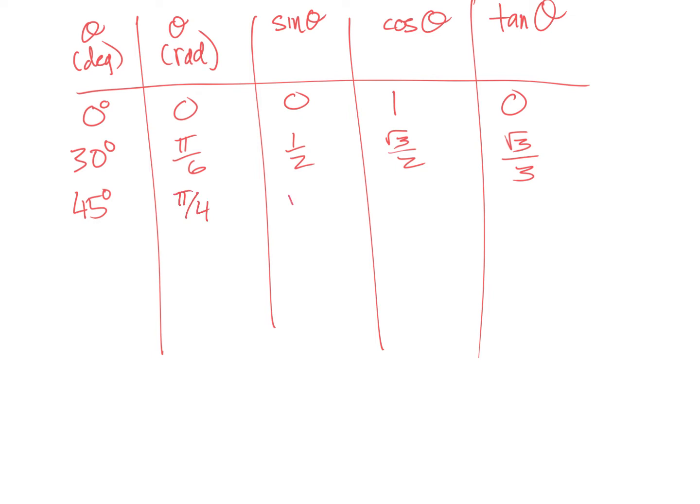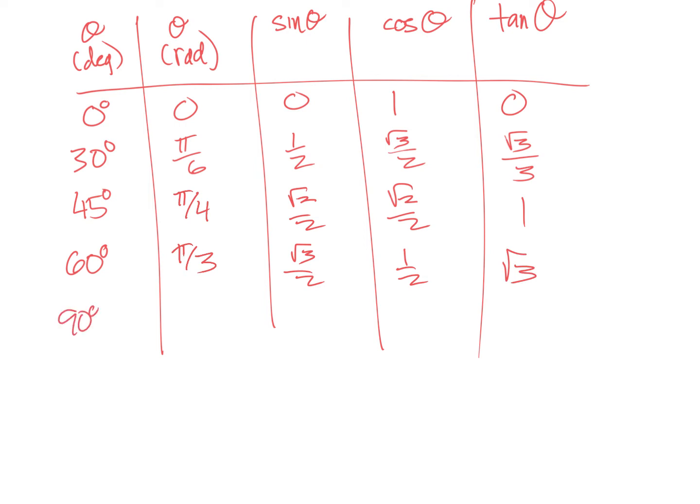Pi over 4, root 2 over 2, root 2 over 2, 1. 60 or pi over 3, we get root 3 over 2, 1 half, root 3, and then at 90, we get pi over 2, 1, 0, and the tangent is undefined.